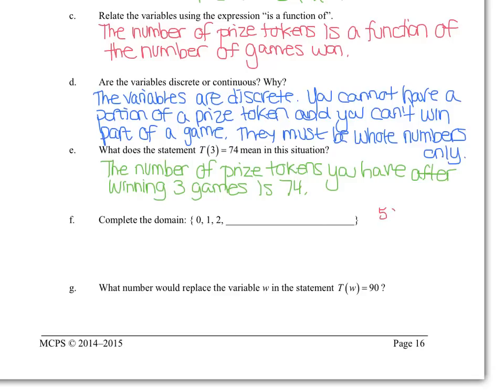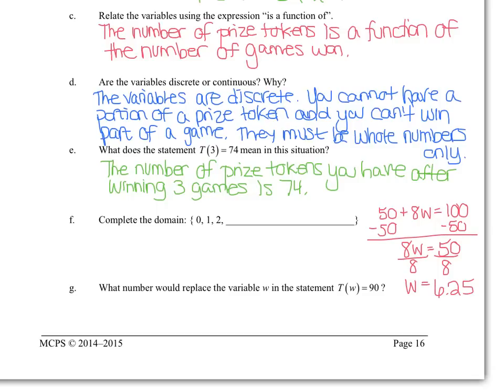So we know our formula is 50 plus 8W, and we want to know when that is going to equal 100 or greater. So I'm going to take away 50 first, and that's going to give me 8W equals 100 minus 50, which is 50. I'm then going to divide by 8 and get W equals 50 divided by 8, which is 6.25.